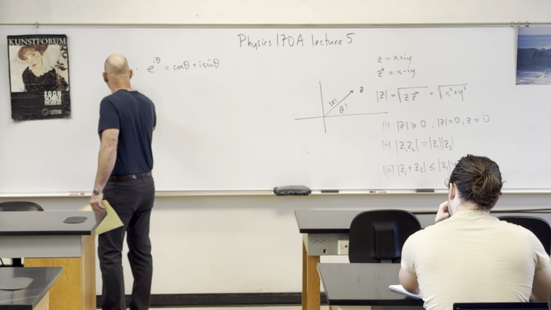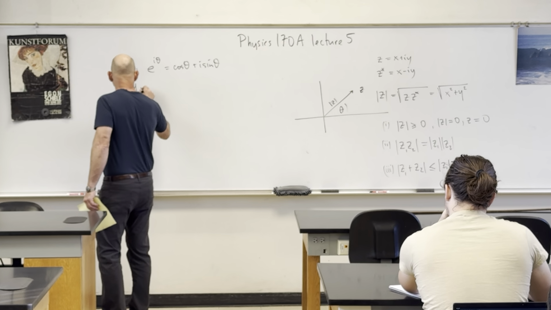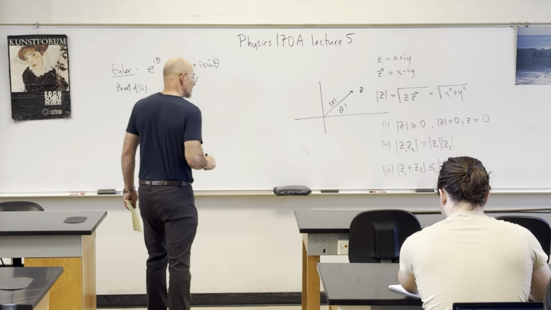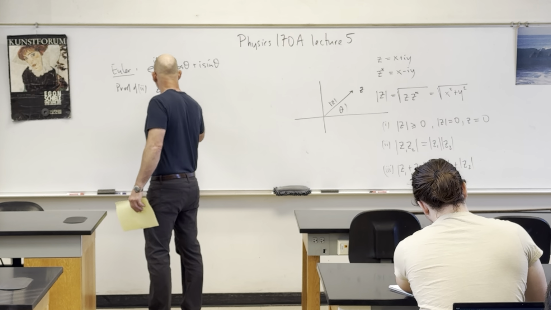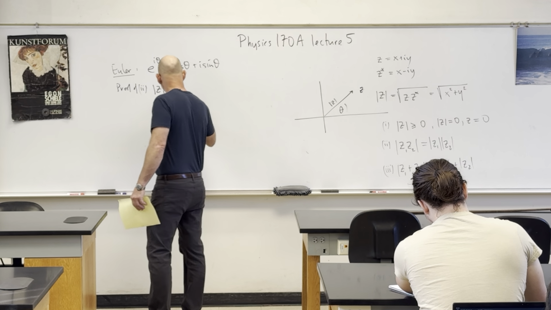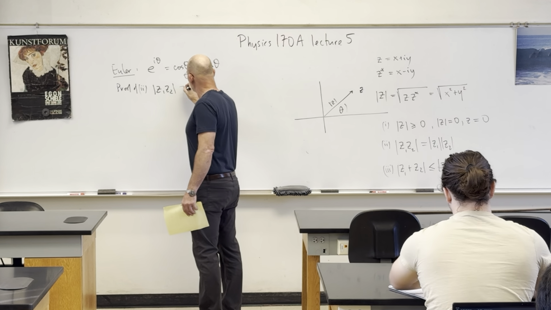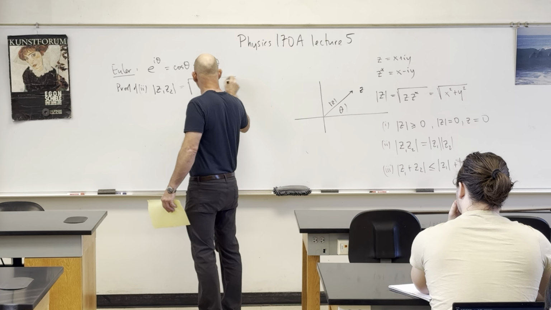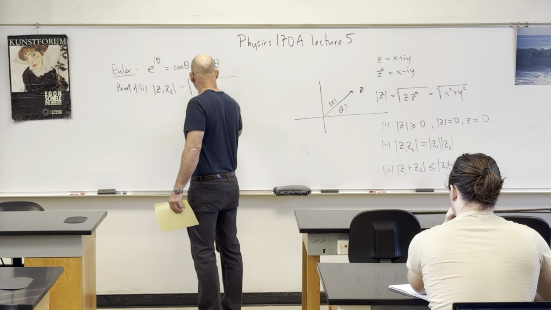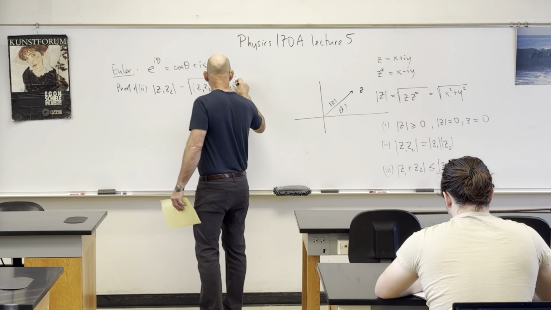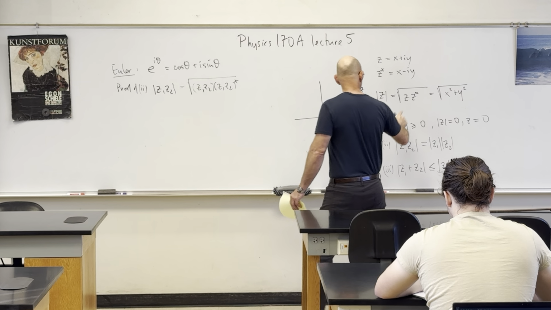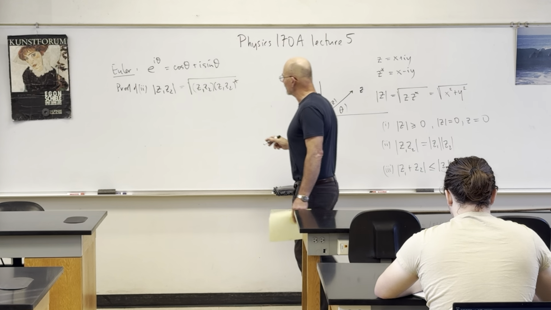Proof of 2. We'll have the magnitude of z1 z2. Remember, that's the square root of z1 z2 times z1 z2 star. So we don't really want to be working with these expressions.